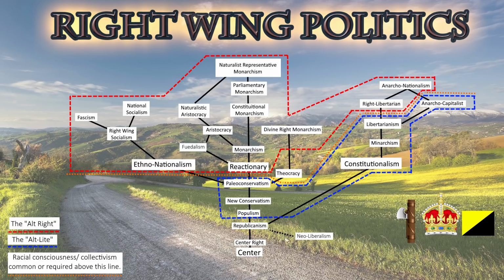Now, as we go up one more level, we get into this blue square. This blue square is what most people would consider the alt-light. And what this is essentially is less mainstream right-wing politics. Not completely esoteric, but slightly less mainstream. And we start off with populism.